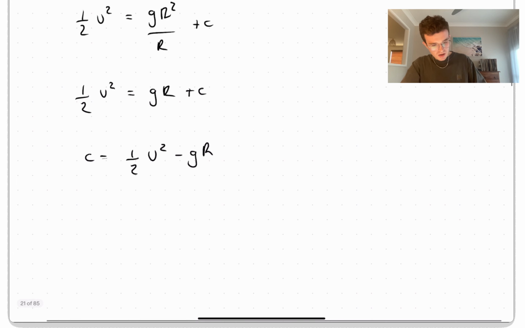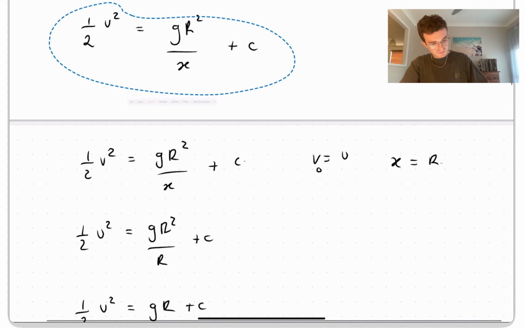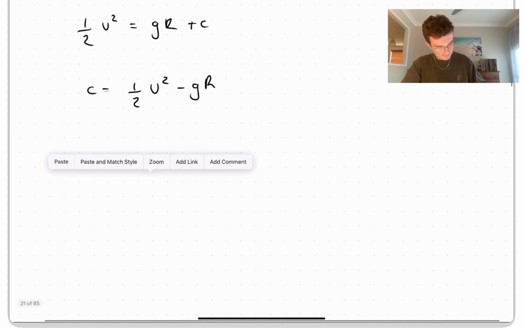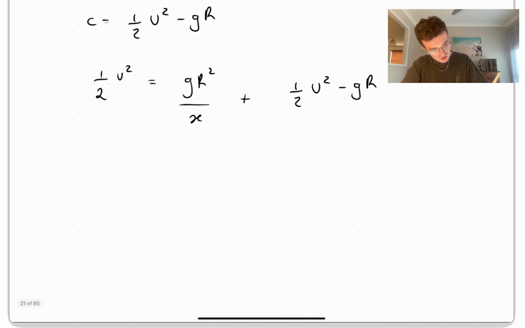Then we're going to substitute that back up into here, replacing our c with a half u squared minus gr. Let's get rid of that 2 now. So we're going to multiply this up.